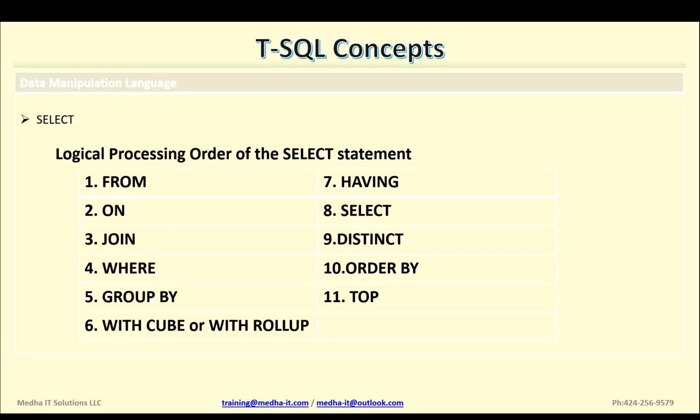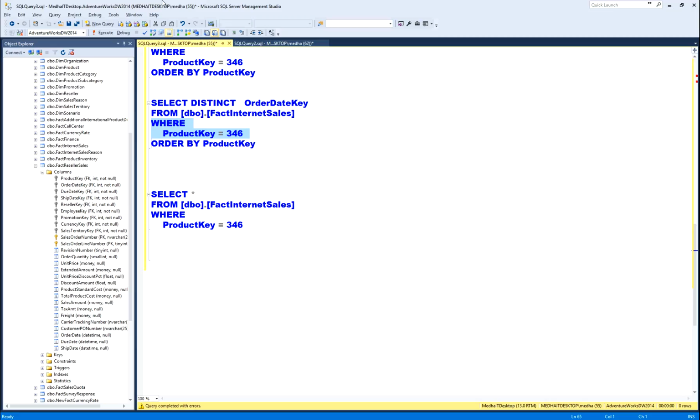Then the next priority is the having condition. Having is processed after it does the grouping. Having means it is a filter on top of grouping. So there are two kinds of filters here. We will talk about having later, but where condition is one filter, an inner filter, and after grouping also we can filter the data, that is having.